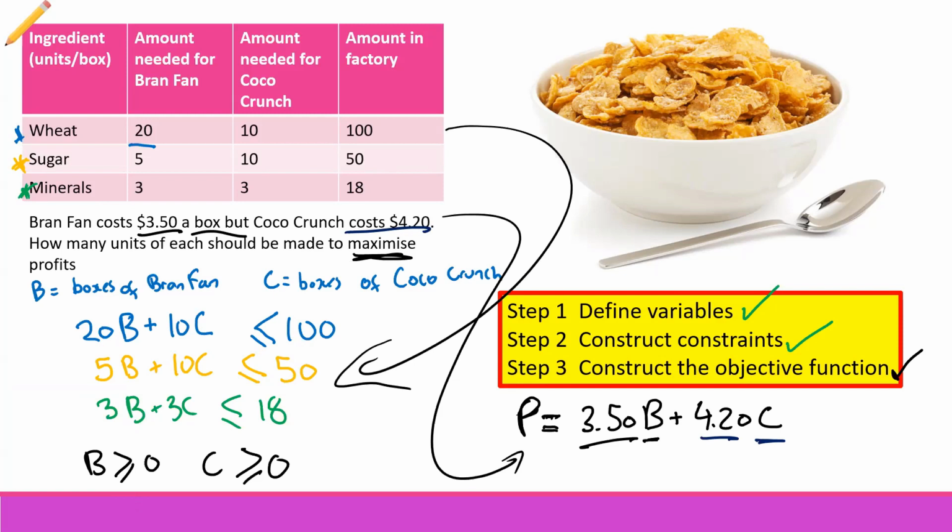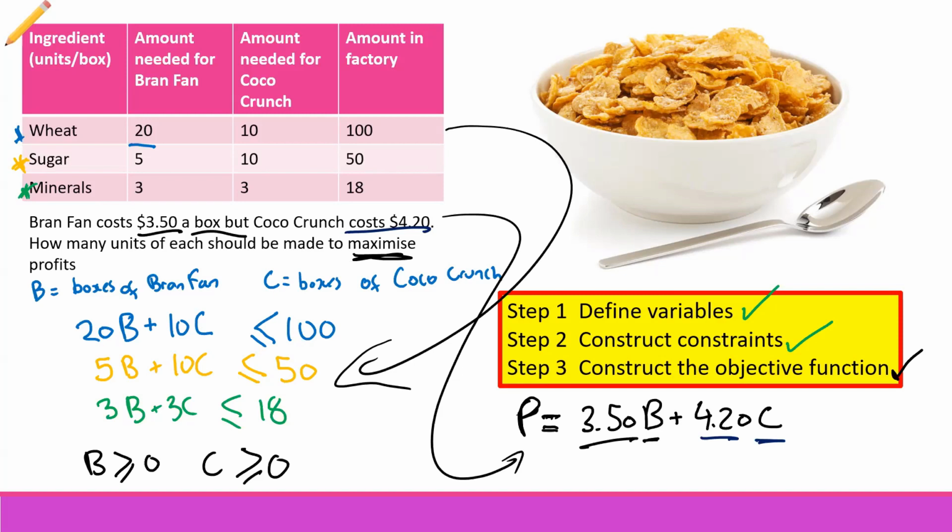Now, I'm just going to take this a little bit further. I know that I've answered your question now. If we were to ignore all of this stuff about how much stuff we've got, I would look at this and say Cocoa Crunch is worth more than Bran Fan, so we should pretty much be just making Cocoa Crunch. But of course, in this situation, there are other things at play.